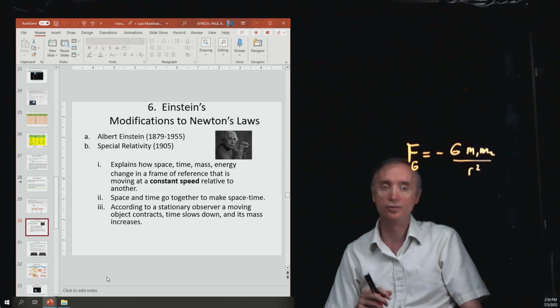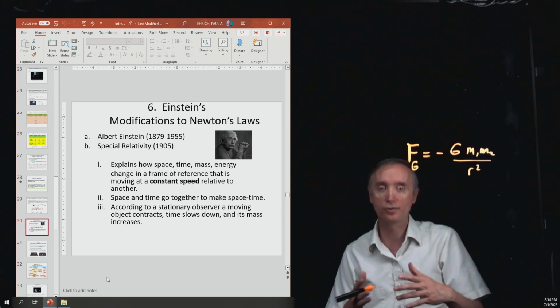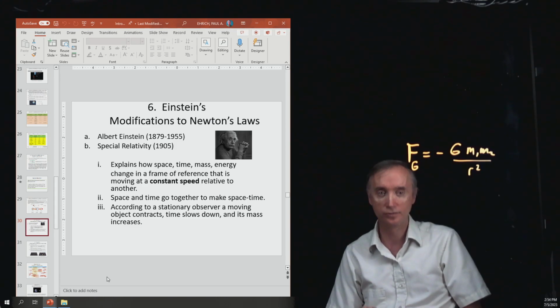And so Sir Isaac Newton lived about 350 years ago. And so for the past 300 years or so, we thought that Sir Isaac Newton's way of describing the universe was the correct way.